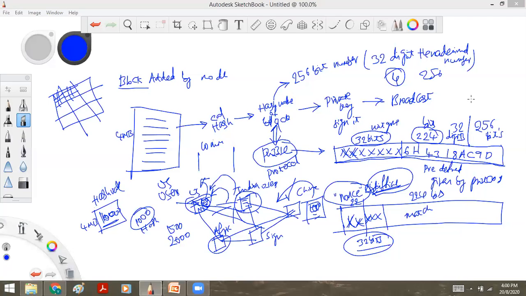So yes, it is a 64-digit hexadecimal number. Okay, can you repeat again? Okay, what is a norm? A norm is nothing but what is followed by everyone.